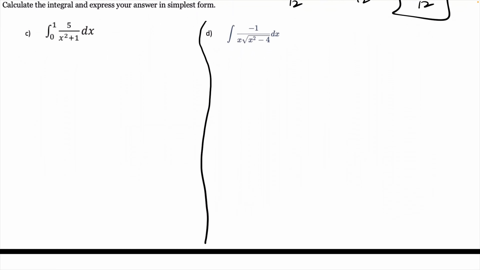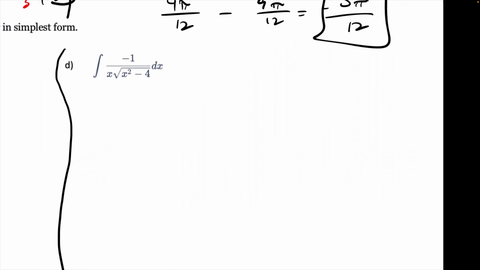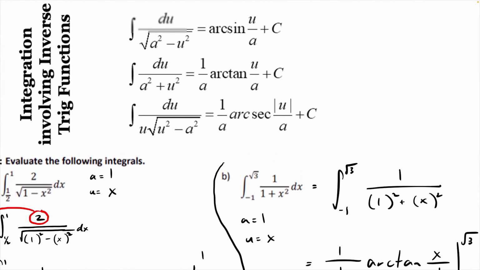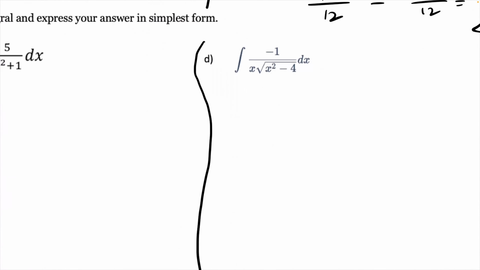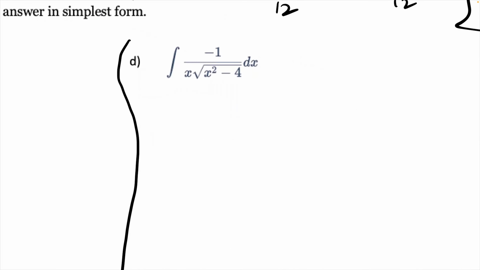Arcsecant. So arcsecant says we got U's and A's. So I'm going to rewrite it with U's and A's. Again, the -1, I'm just going to move to the front. Anytime it's anything other than a 1, just move it to the front.